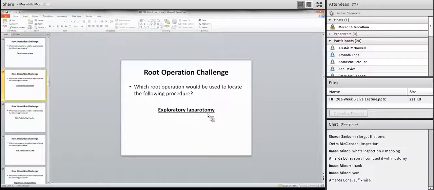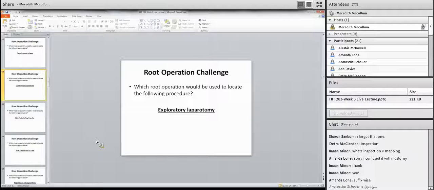If they open a patient up, which means they're cutting down the belly, and I'm doing that with my mouse to show you, they just open the patient up and look around. And that's all they do. That's when you would code an exploratory laparotomy. If they open the belly up and let's say they do a liver biopsy or a colectomy, then in those cases you don't code the laparotomy. It's just how they got there.